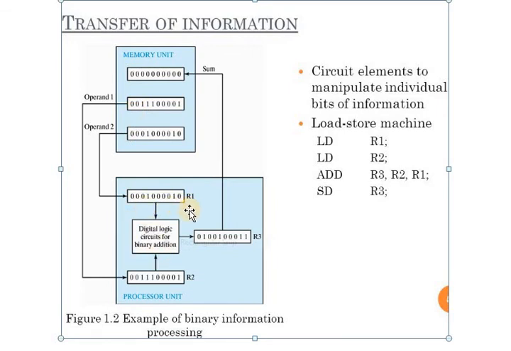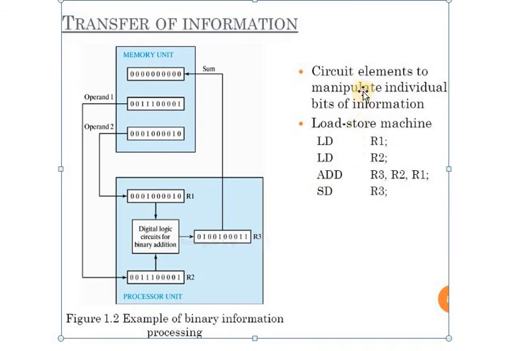Now R1 has the information of operand 1, and R2 has the information of operand 2, transferred from the memory unit to the processing unit. Now the digital logic circuit for binary addition performs the sum, and it is stored in R3.